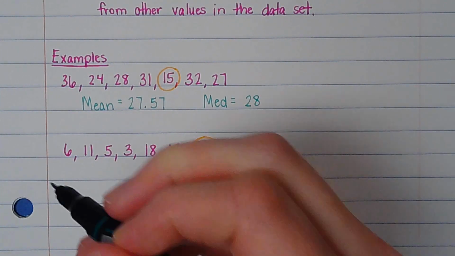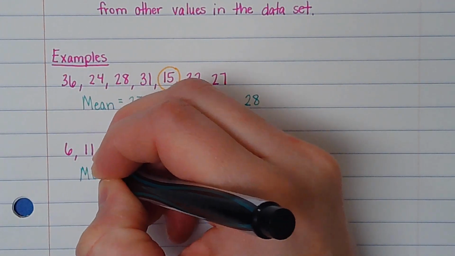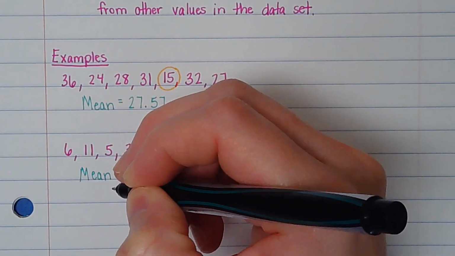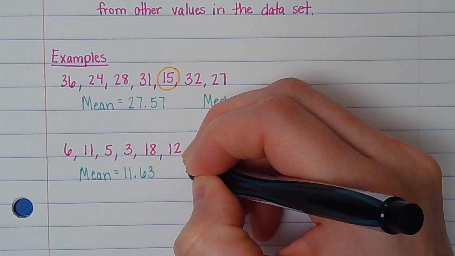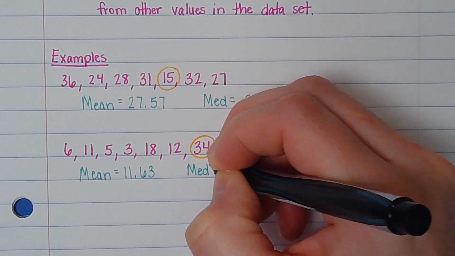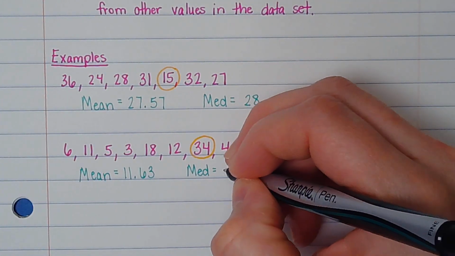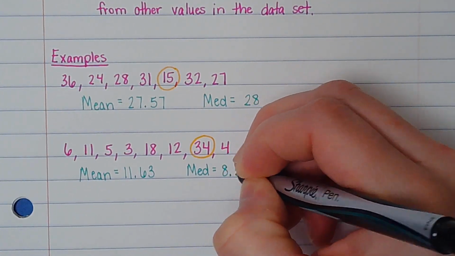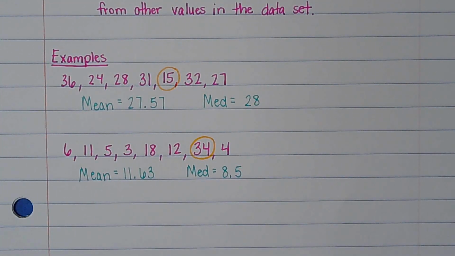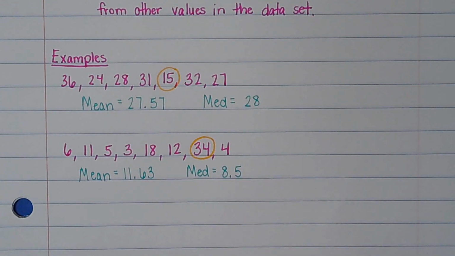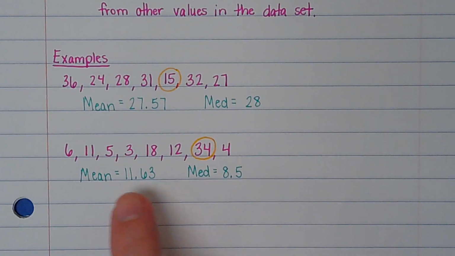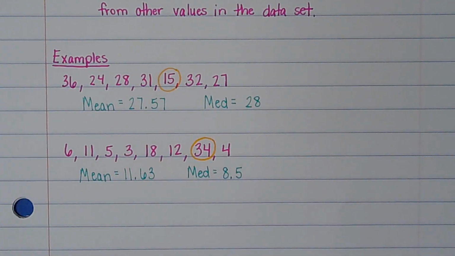So now if we were to find the mean of this list of numbers, the mean would be 11.63, whereas the median is 8.5. All right, so that's a better example of showing you how this outlier really messes up your numbers, because it looks like most of these numbers fall in around 10.